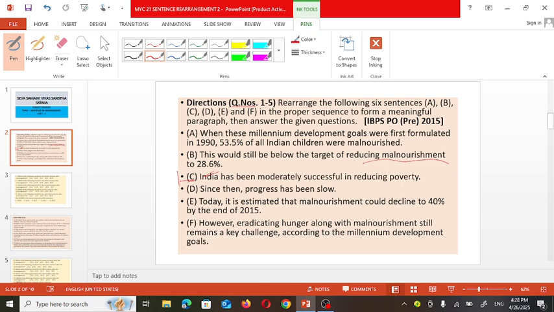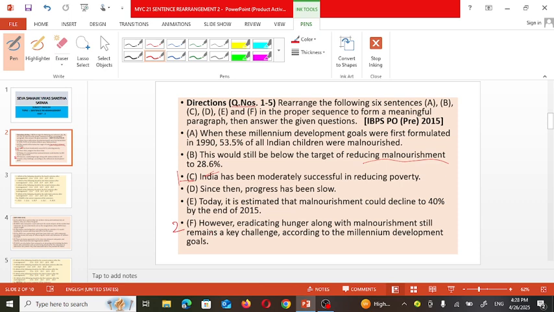So that can be the first sentence. Now, which sentence can support this? This one: However, eradicating hunger along with malnutrition still remains a key challenge. And still that problem is being faced by the Indian government, according to the Millennium Development Goal. So that can be the second sentence.